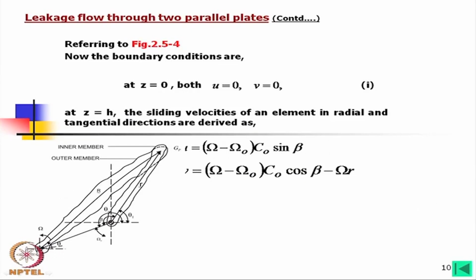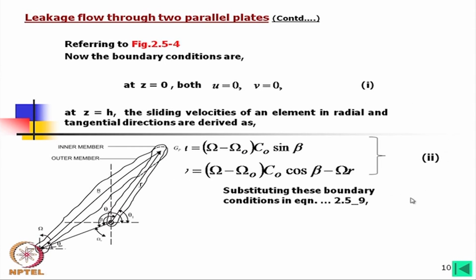And what is c 0? c 0 is the distance between these two centers. So, if you are asked to find the pressure distribution of these two plates, these equations will be given, because you are not deriving these two equations. So, this is boundary condition 2: at z is equal to h, u is equal to this and v is equal to this. So, these are the boundary conditions.